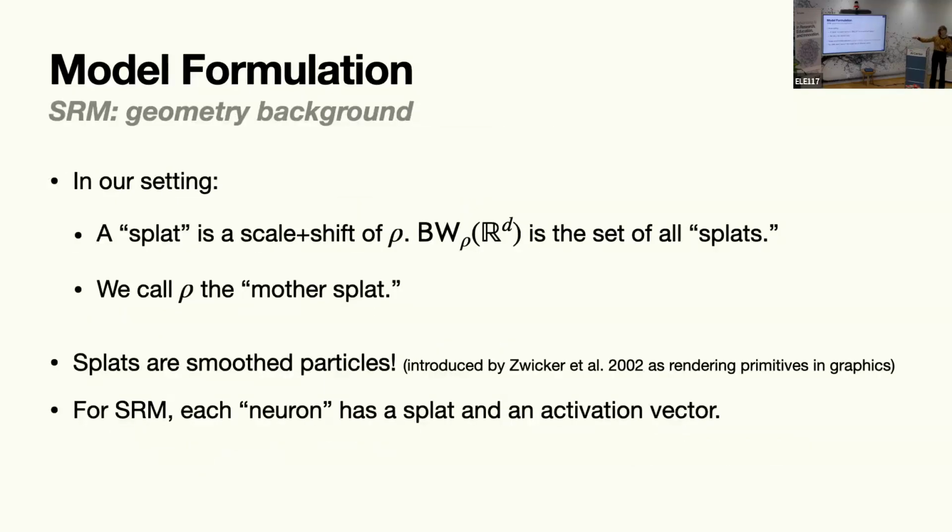We call the base measure a mother splat, sort of like a mother wavelet in wavelet theory. I'm giving you all of these different ways to think about splats: as activations, as activation functions, as probability distributions. We now have a third perspective, which is that they are smooth particles.